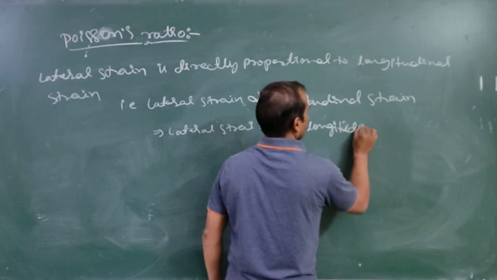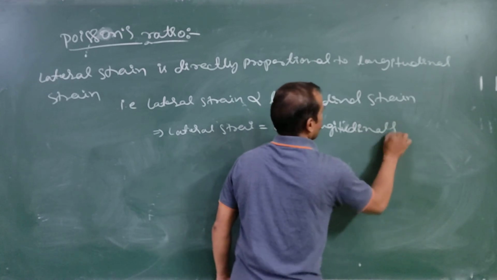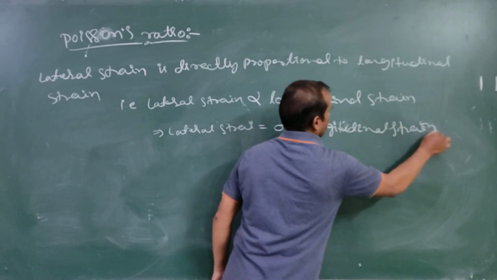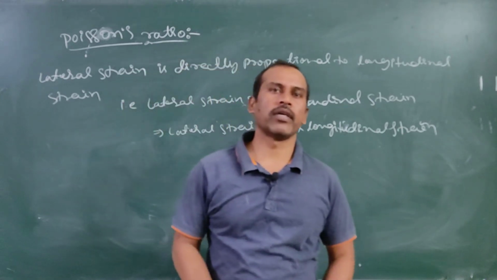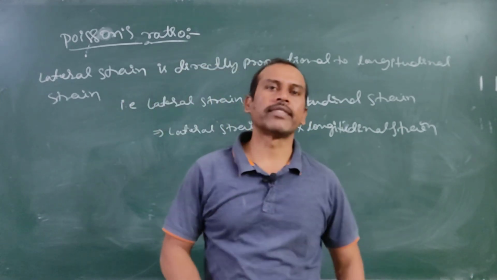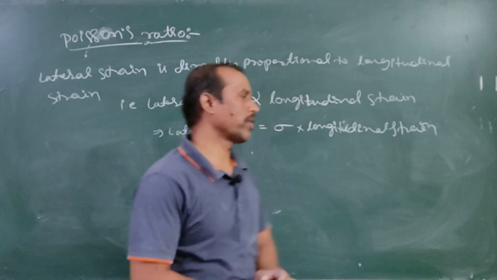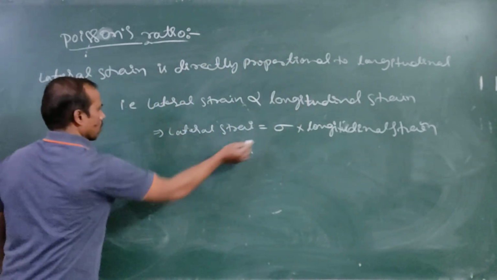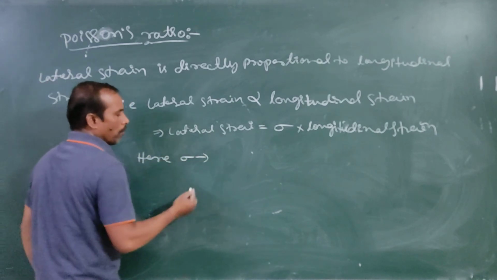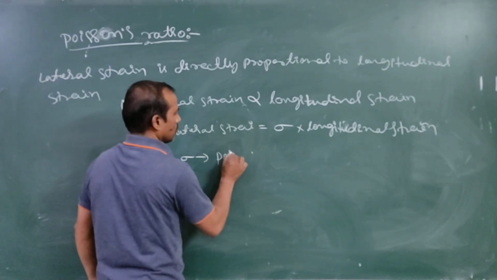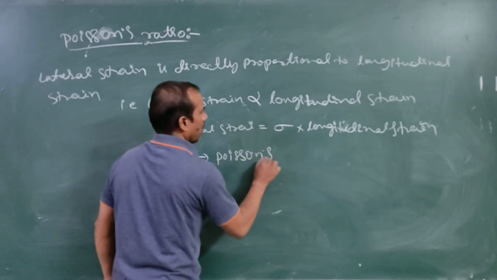Longitudinal strain. Sigma is a constant, called here the Poisson ratio. Sigma means Poisson ratio.